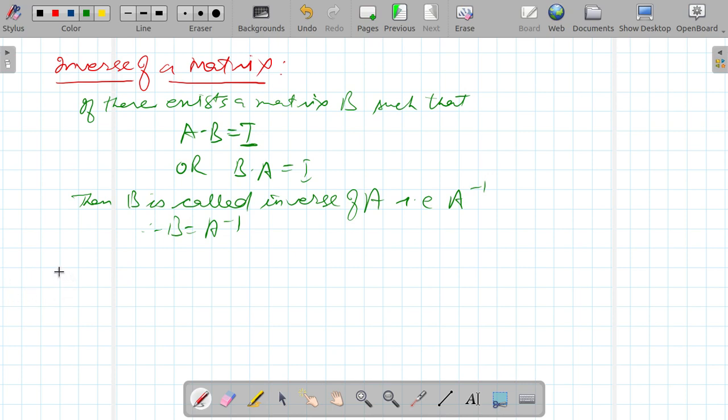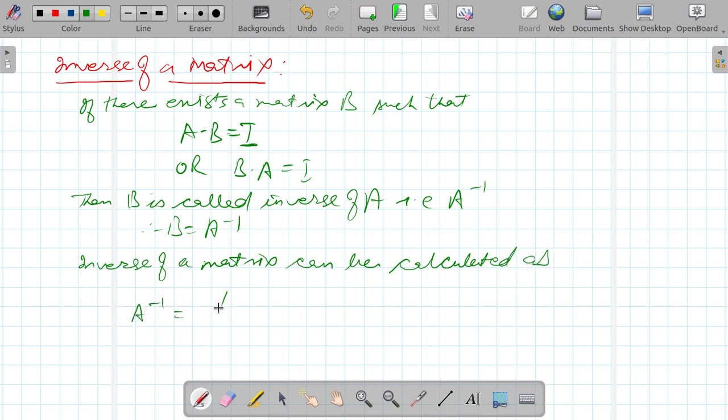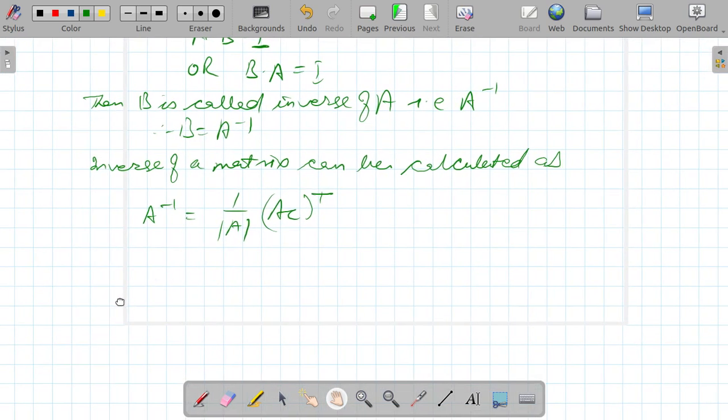And the inverse of a matrix can be calculated as A inverse is equal to 1 over determinant A times the transpose of the cofactor matrix, where AC represents the cofactor matrix.